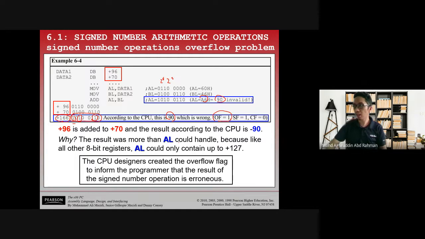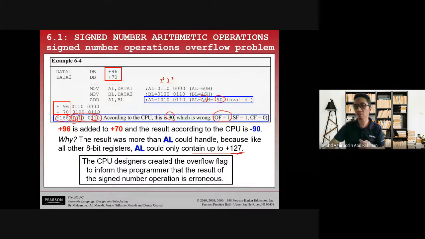Why does this happen? It is because the result was more than AL could handle. AL could only contain up to plus 127, meaning that you need to use a larger register.